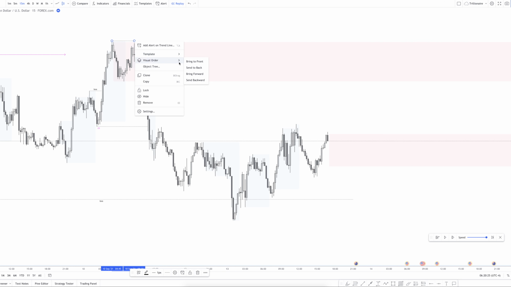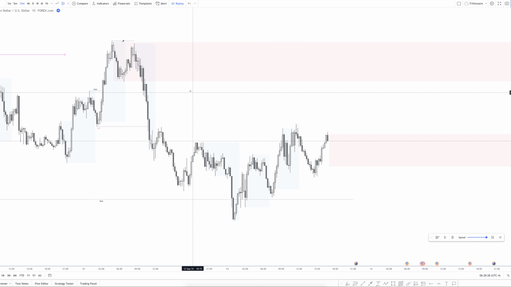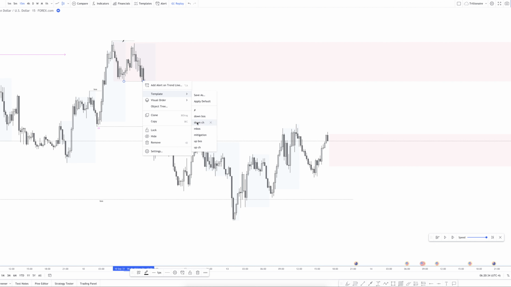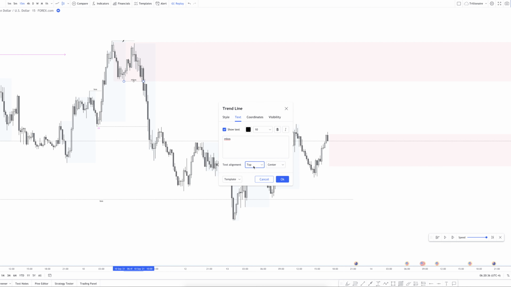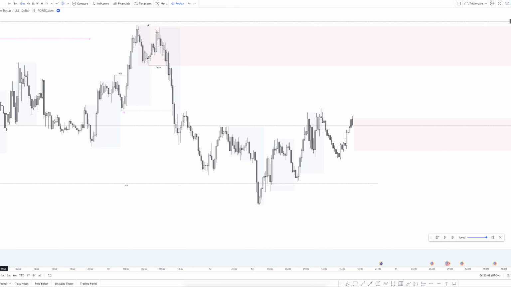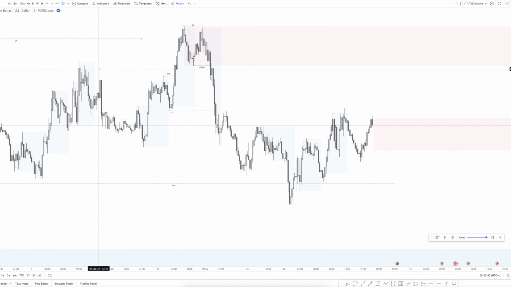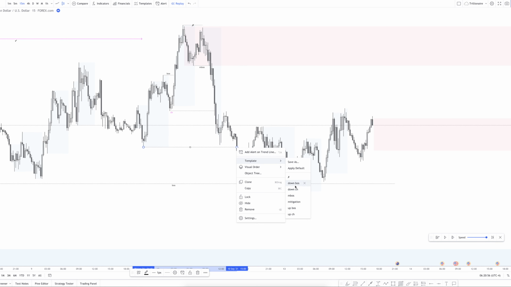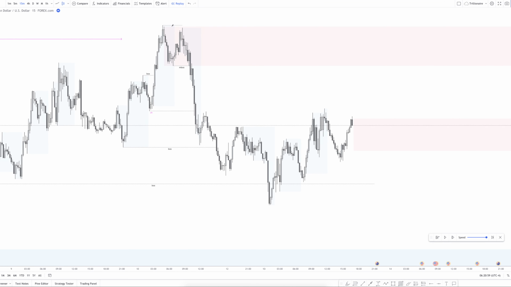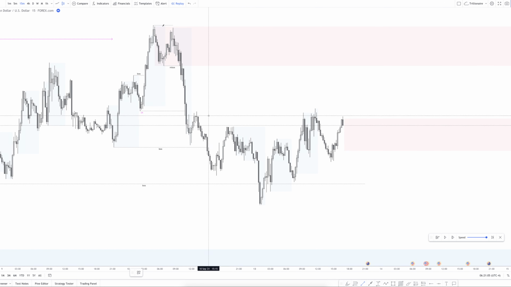So we know we have liquidity resting above this area here. Break of structure here, continuing the push of the bearish momentum.